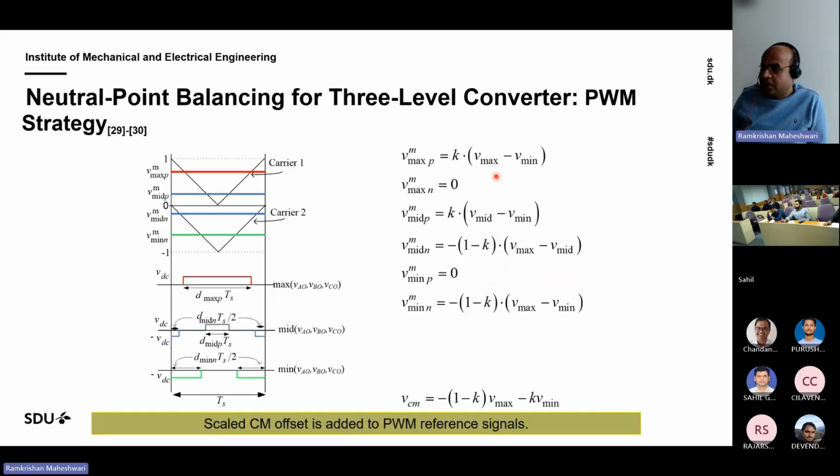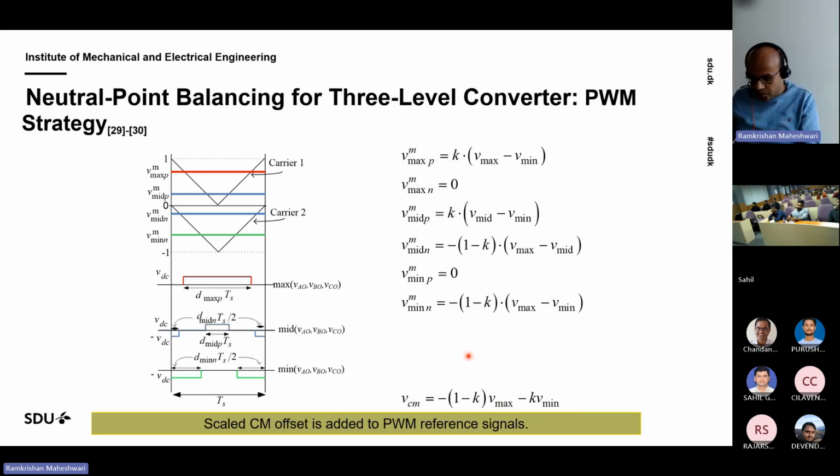To get rid of that problem, we propose that we will not have a DC offset, but we will do some kind of scaling of these reference signals. So we proposed a common mode offset, something like this, which is a scaled version. It's not a DC, it's a scaled version of the max and minimum signal.